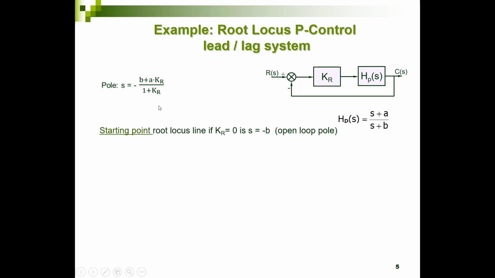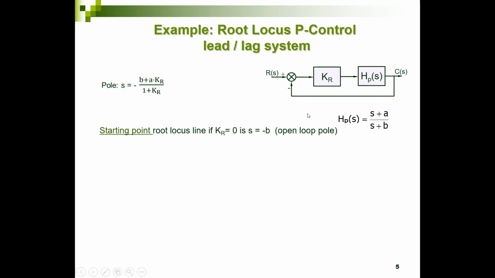Let's look first at when kr is 0. Then this becomes 0 and this becomes 0, so S is minus B divided by 1, which is minus B. So my root locus starts at kr is 0 and S is minus B. Notice that S is minus B is also the pole of my open loop system, the pole of HP.